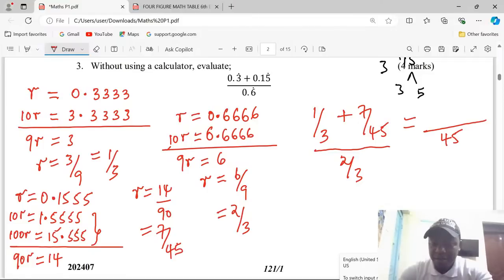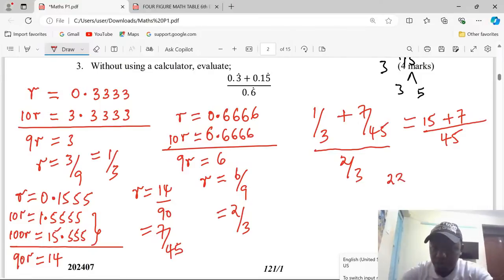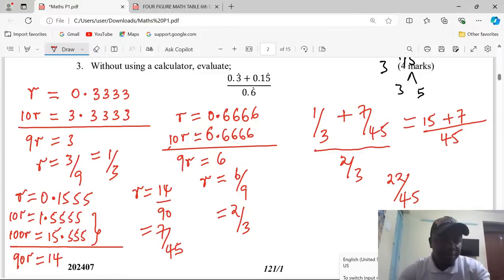So 45 divided by 3 is 15 times 1, it remains 15, plus 45 by 45 remains 1, then by 7 we get 7. So this is going to be 22 over 45. 22 out of 45 divided by 2/3.